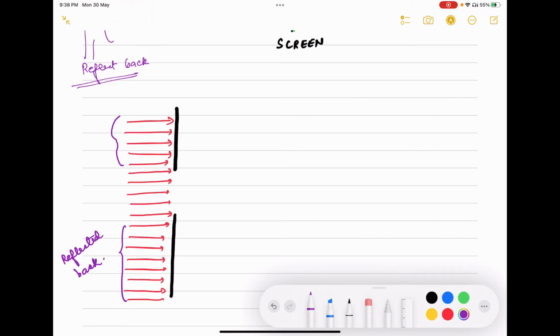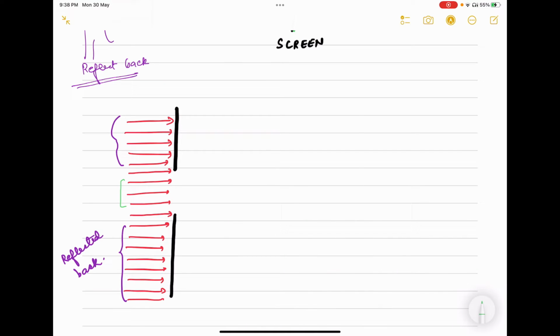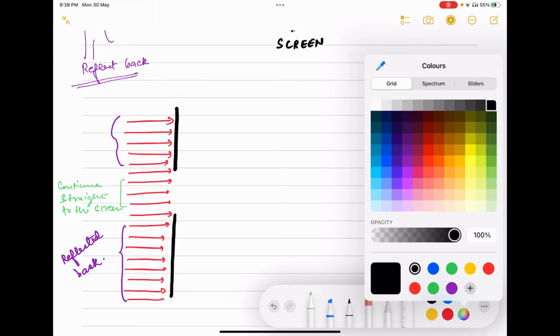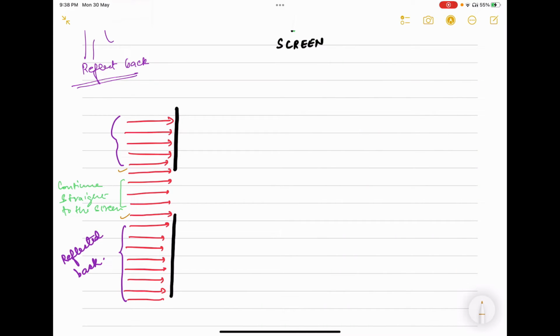And these three continue straight to the screen without any kind of bending or anything. But here, this one and this one, these bend because they hit the edge.